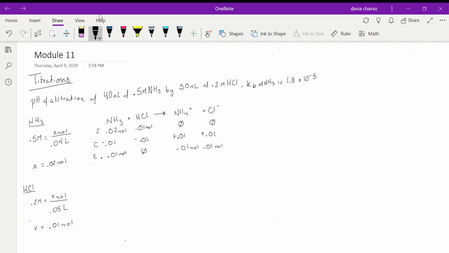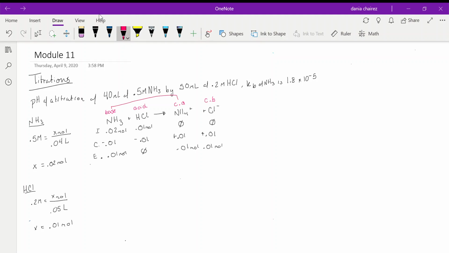Right, so then if we were labeling these with our Bronsted acid, Bronsted base, conjugate base pairs, this is our base, this is our acid, so this is our conjugate acid, and this is our conjugate base.